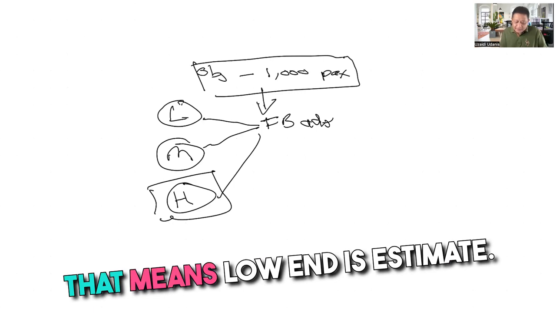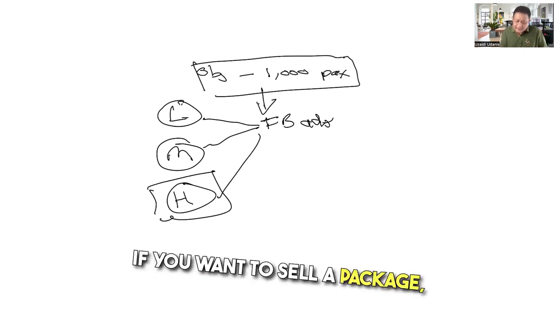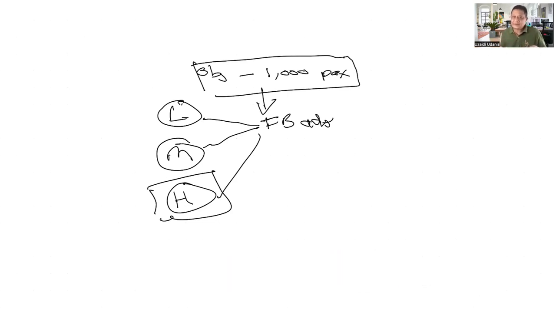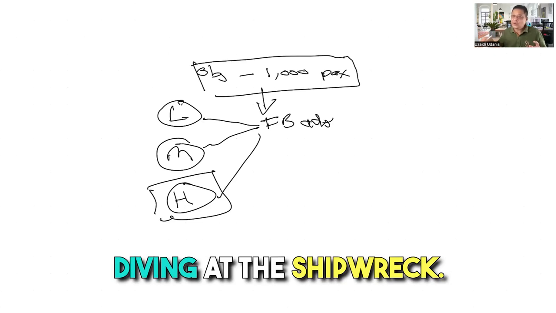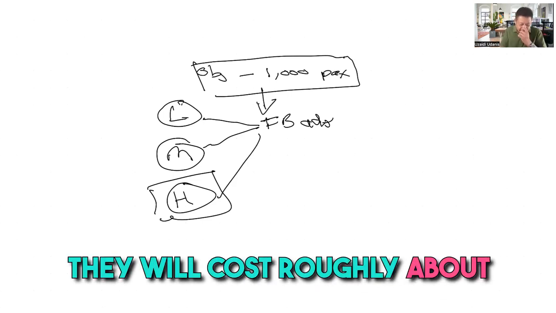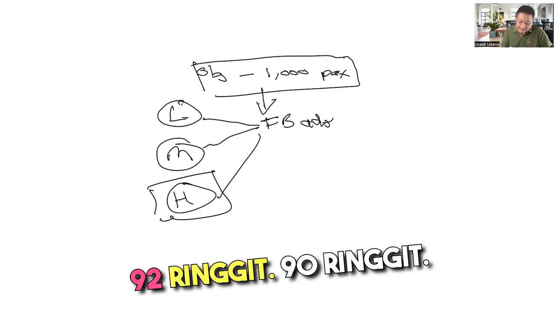So let's say this is their strategy. Low end: if you want to sell a package, for example, diving at the shipwreck, it will cost roughly 90 ringgit to 138 ringgit per customer.